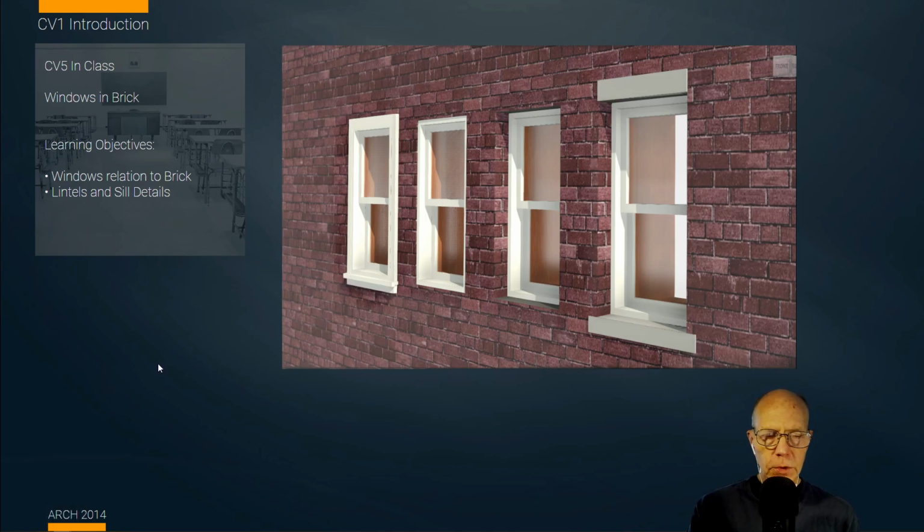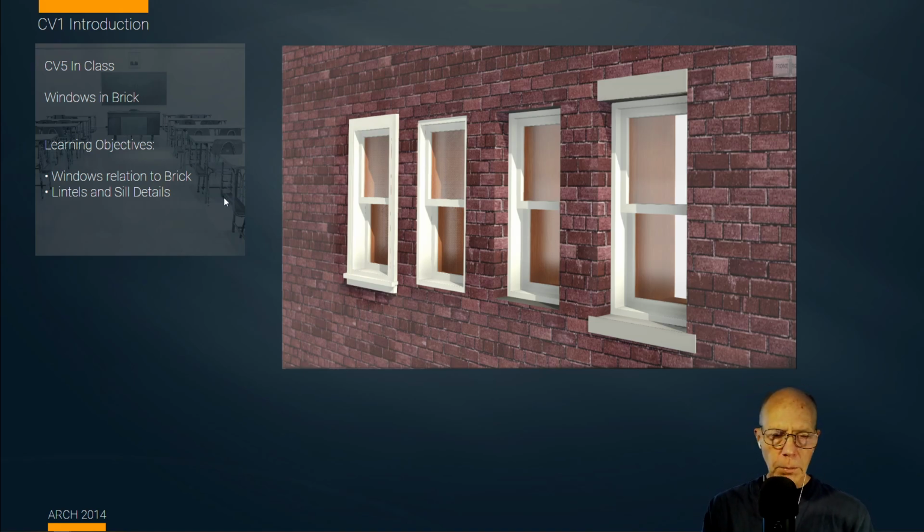Some details for traditional building. I see a lot of times people placing windows into brick systems in model space, and even in reality, in ways that aren't an accurate portrayal of the way brick and windows should be integrated with each other. So we go through a little bit of an exercise to gain a sensitivity about how windows should look when they're placed in brick.